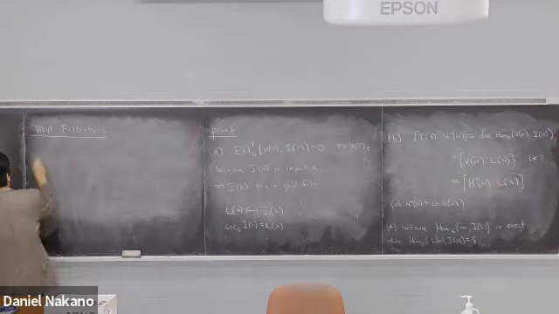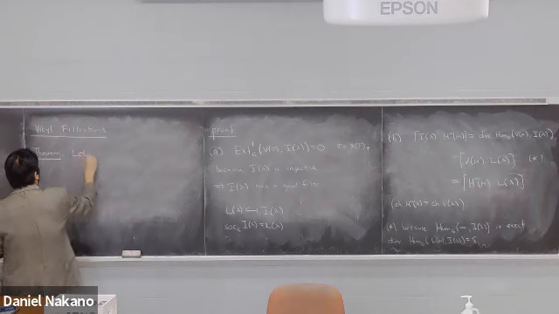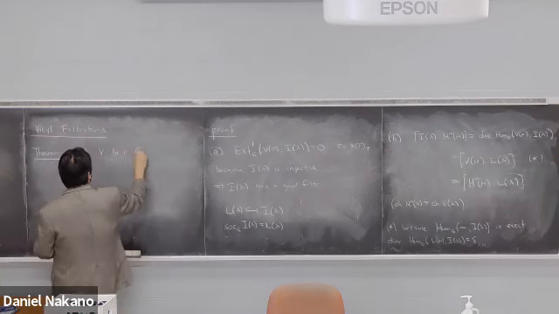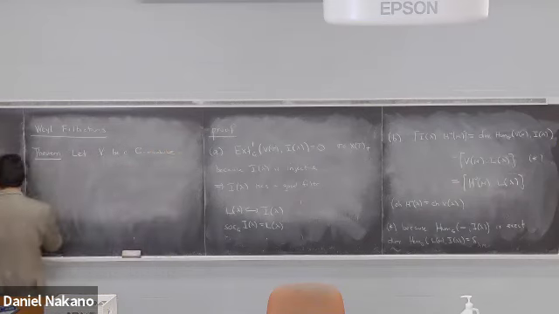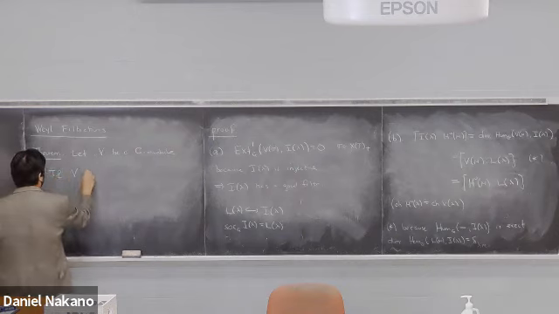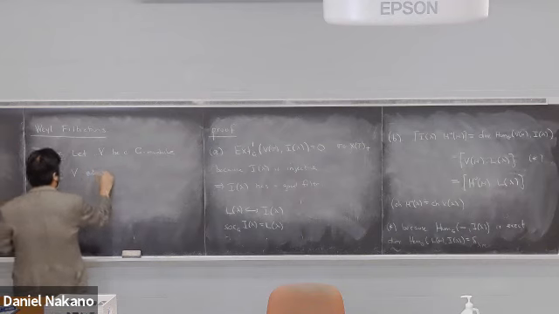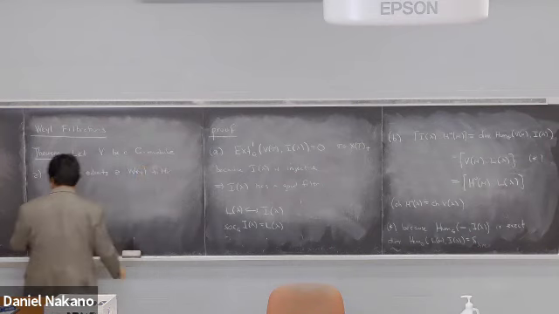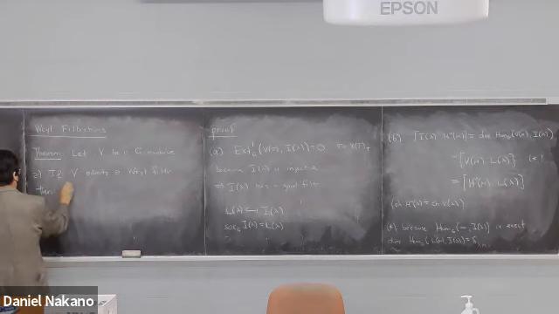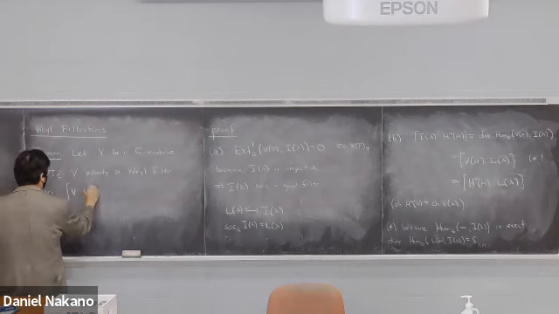Okay, so here we go. Theorem. Let V be a G module. A: if V admits a Weyl filtration, then I have a way to count the number of times V lambda occurs in a Weyl filtration.